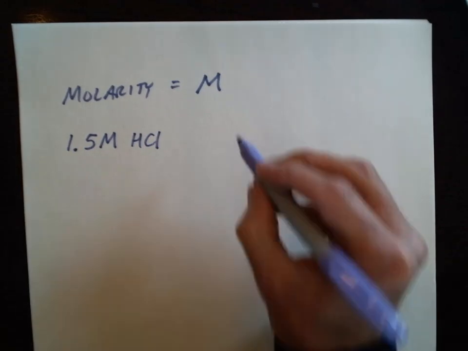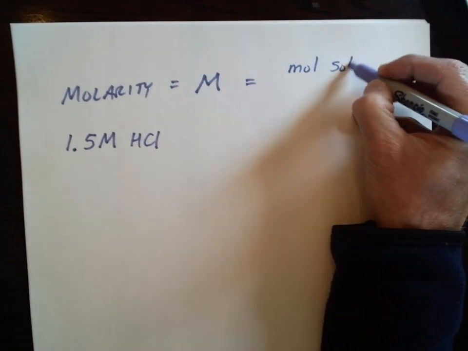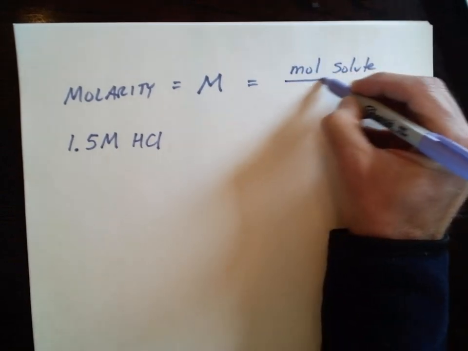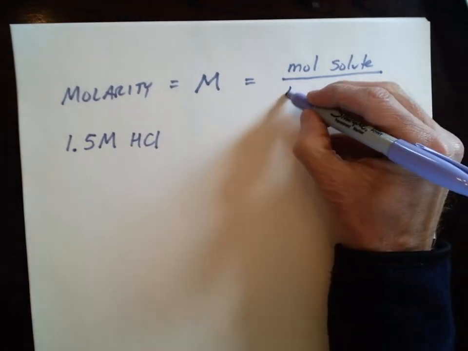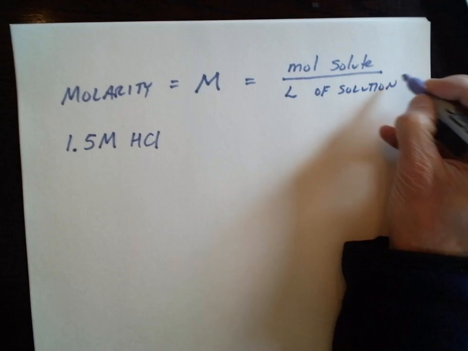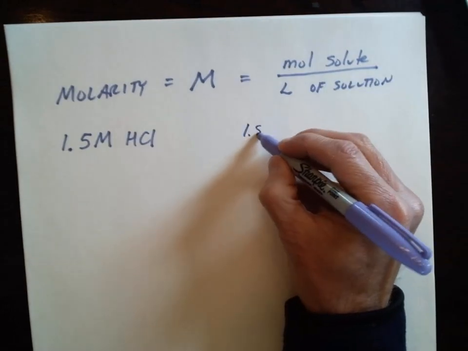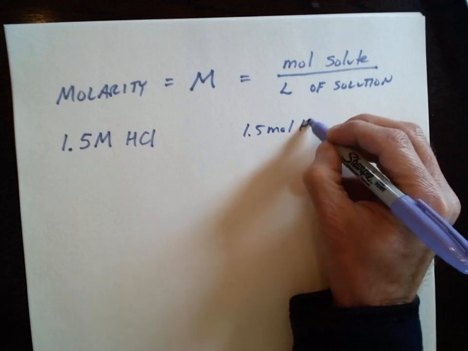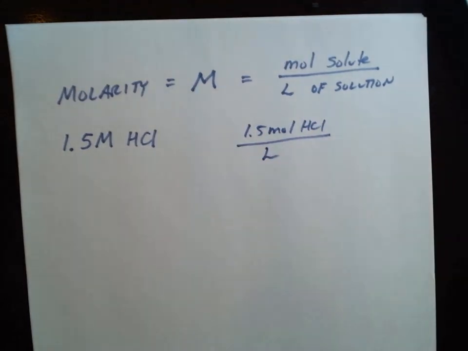What that would mean is the moles of the solute, in this case the moles of the hydrochloric acid, for every liter of solution. So a 1.5 molar solution of hydrochloric acid would have 1.5 moles of hydrochloric acid for every liter of the acid solution that you had.